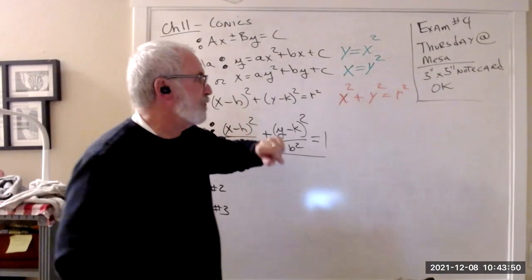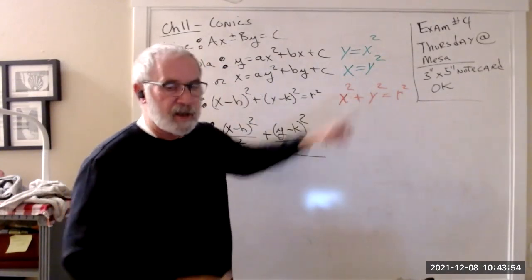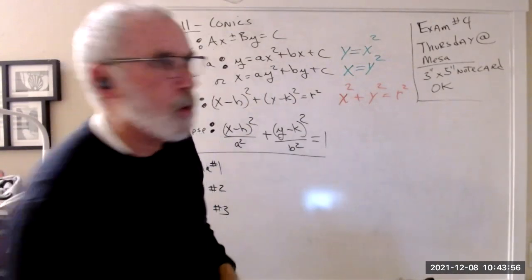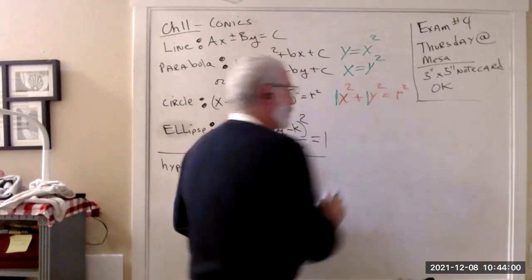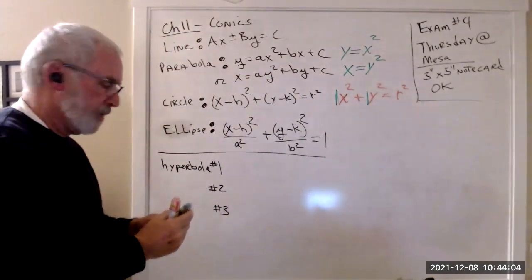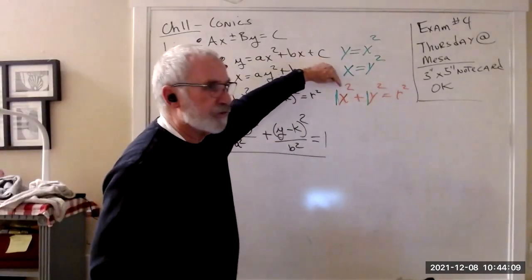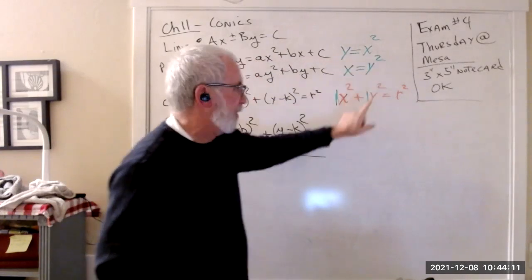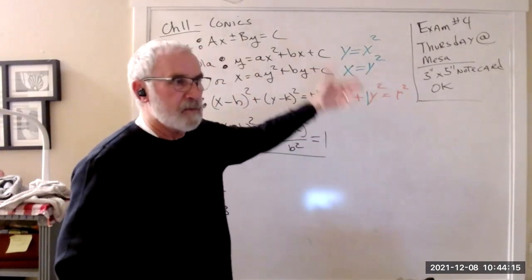There are two really important features. First, there's a plus in front of it. And secondly, the coefficient of the X squared and Y squared is the same. Most of the time, it's a 1, but as long as they're the same. So X to the second power, Y to the second power, plus sign, same coefficient makes it a circle.